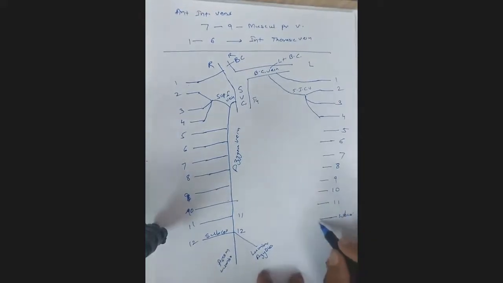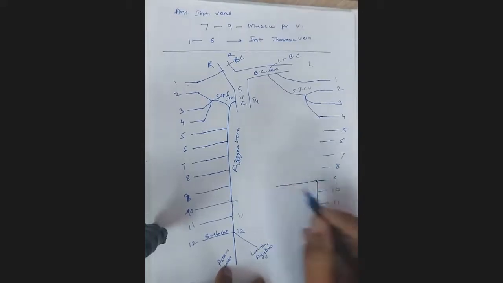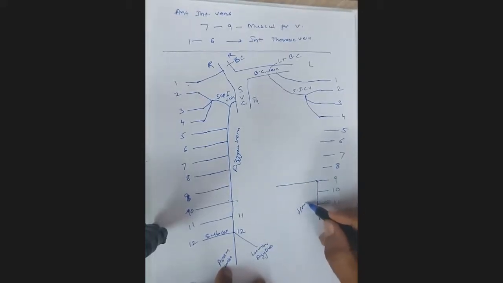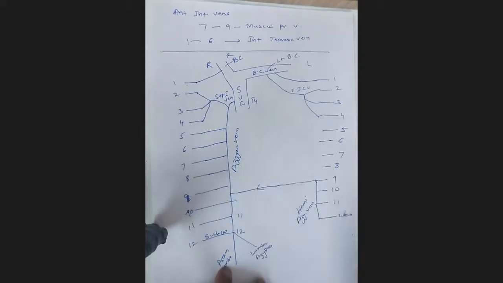Now, the 12th, 11th, 10th, 9th form a vein called hemiazygos vein, because it is half of the azygos. But this also goes and drains into azygos.